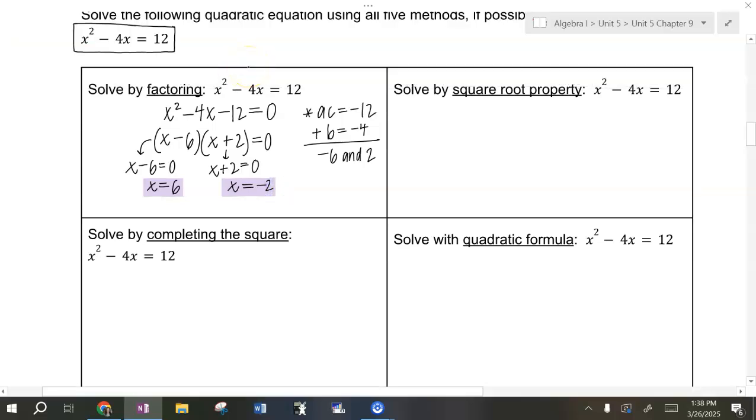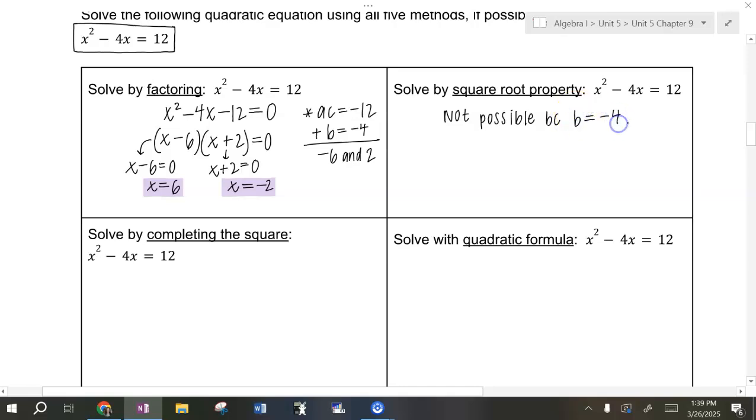Next, let's try the next method up. If factoring wasn't possible, then you go to the option of square root property. However, in this problem, square root property is not possible. The reason why it's not possible is because it doesn't have a b value of 0.